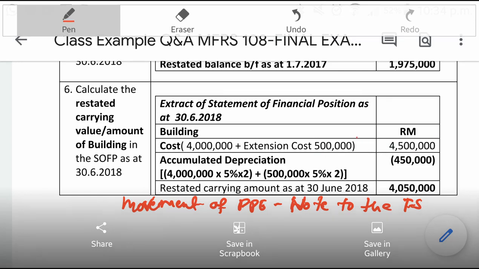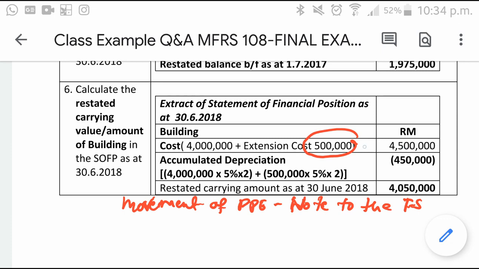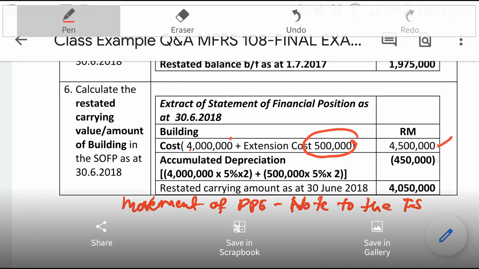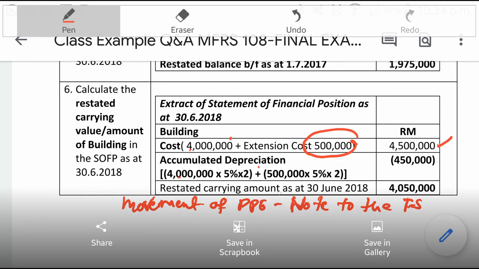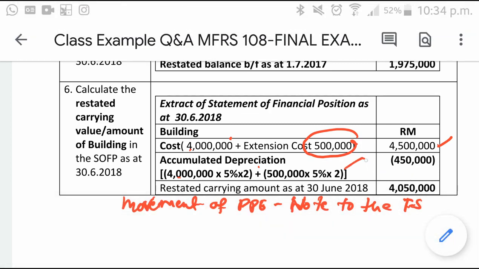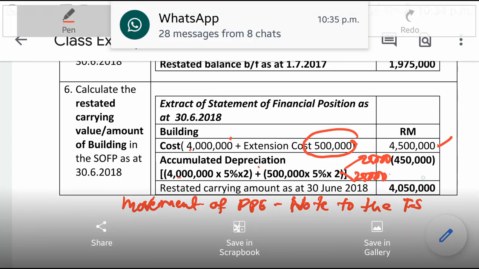So if it's in the notes, you need to go and add this 500,000 extension cost to the cost 4 million. So now this is the corrected version of your building, 4.5. Your depreciation that has not been provided must be provided. So before that, your depreciation was just based on 4 million, and now you need to add the extra 50,000, which is 25,000 depreciation in the prior period, 25,000 depreciation in the current period.